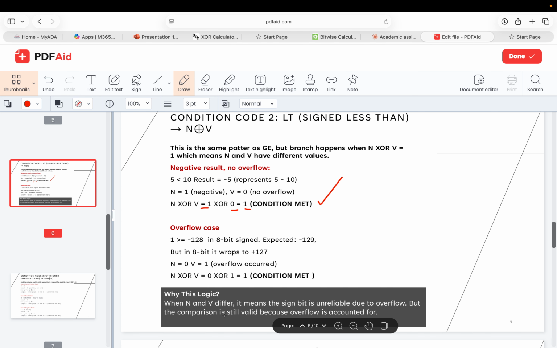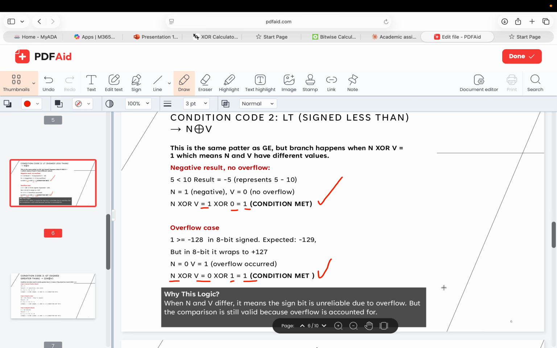Here we don't get a negative number, although we know that the result should be negative. The negative flag is 0, but overflow occurred, so the overflow flag is set to 1. It shows that the sign is not correct. It's a false sign. So N is 0 but V is 1, the XOR result is 1, and the condition is met.